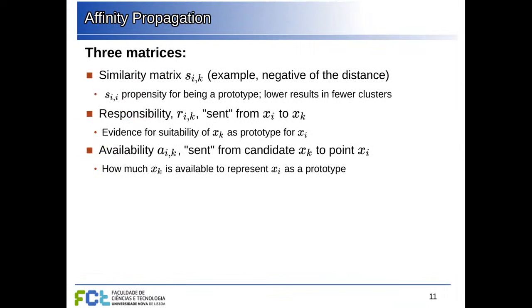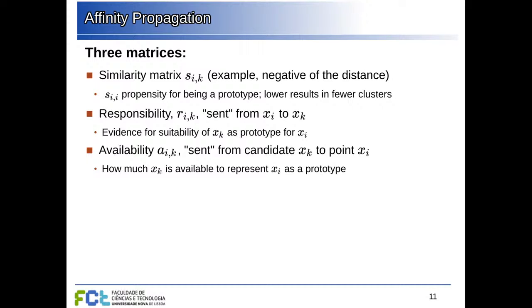So the details of the mathematics in the algorithm are a bit complex. We're not going to focus too much on them, but I want to give you an intuitive notion of how the algorithm works. So we have these three matrices. They are matrices with the same number of columns and the same number of rows as the examples we have.